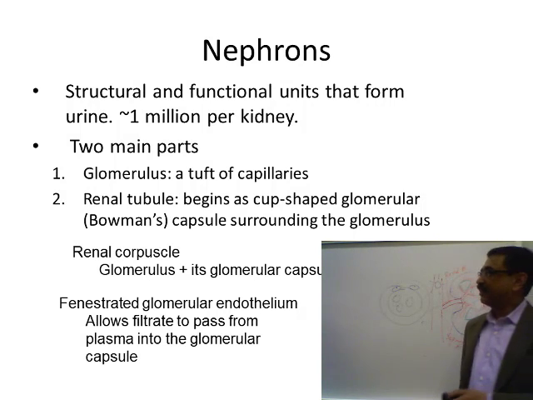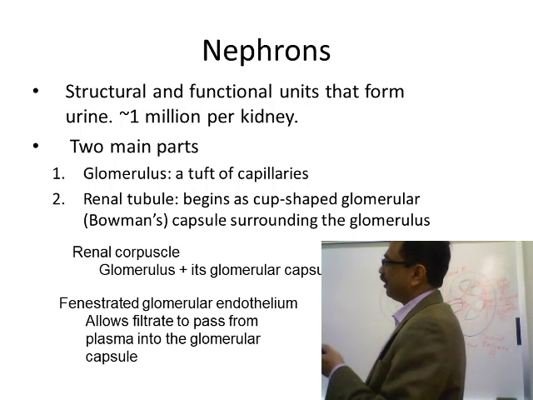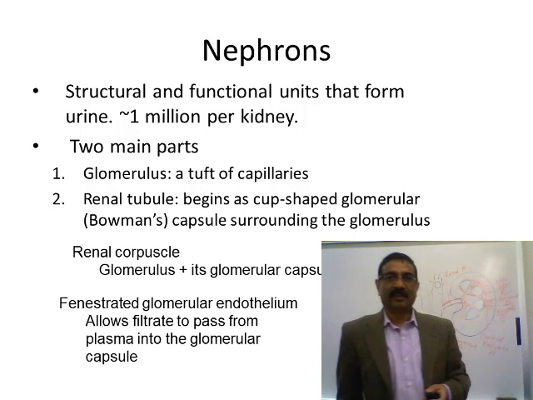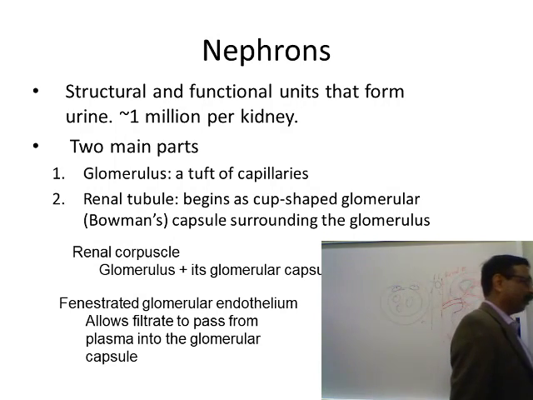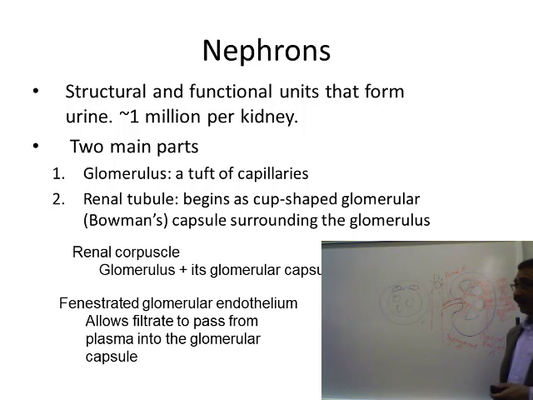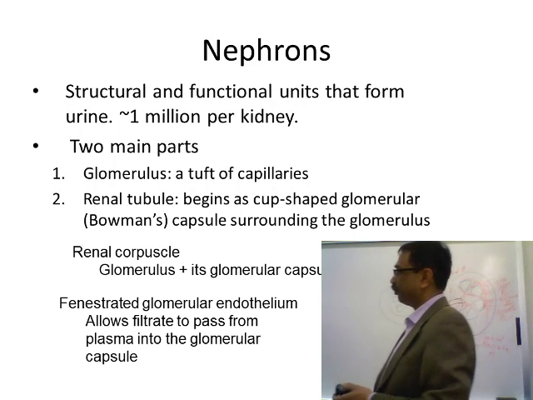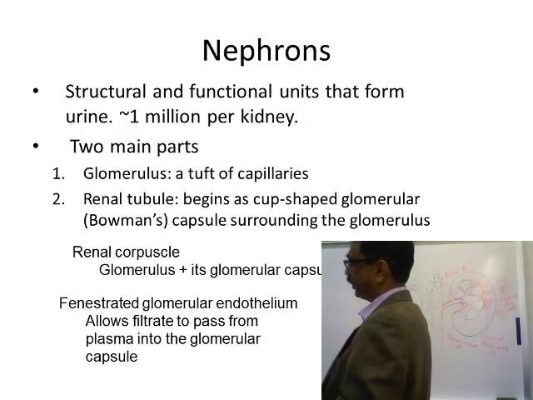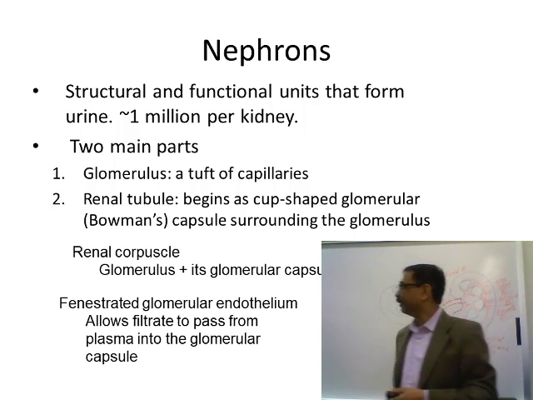The veins run along the arteries side by side. So if you see in this picture, the veins, the blue ones here, run along the arteries. So beautifully, the circulatory system is present inside the kidney.